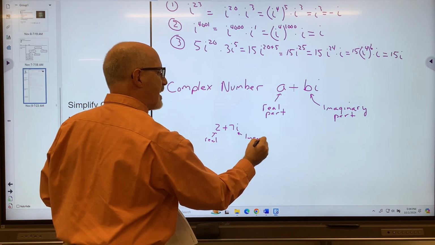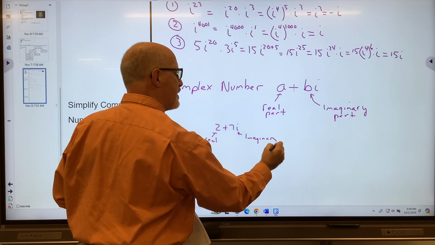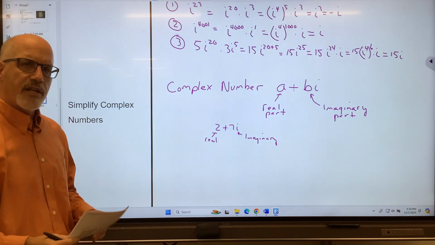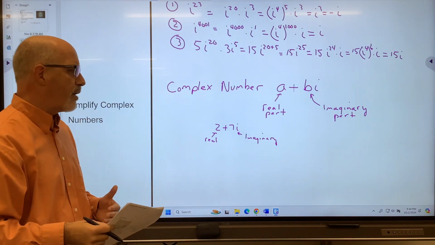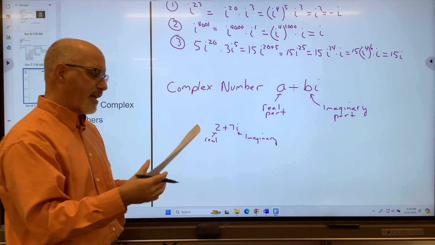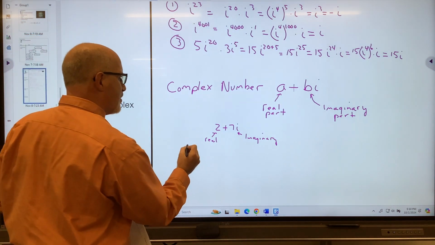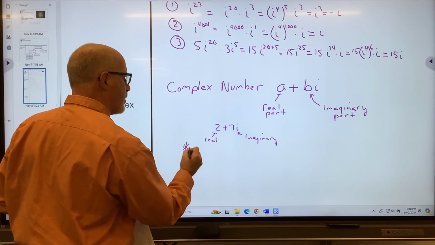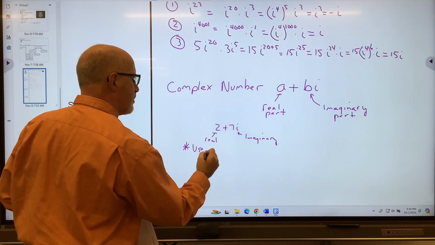So it looks like a binomial, like we've just been dealing with in our chapter on quadratics. This looks like a binomial, and it operates a lot like a binomial. The key to doing these problems that I'm about to do is to use similar terms.